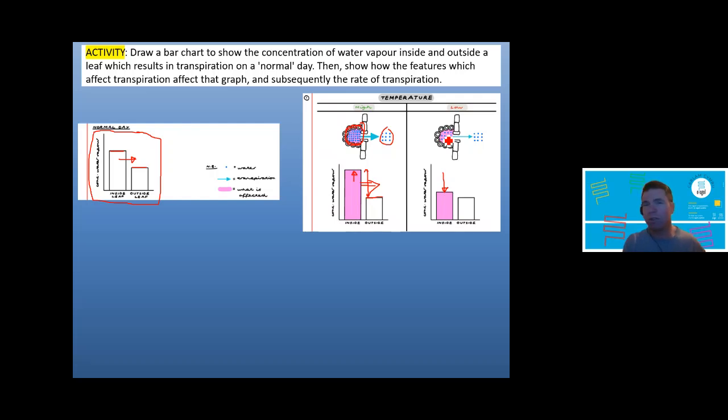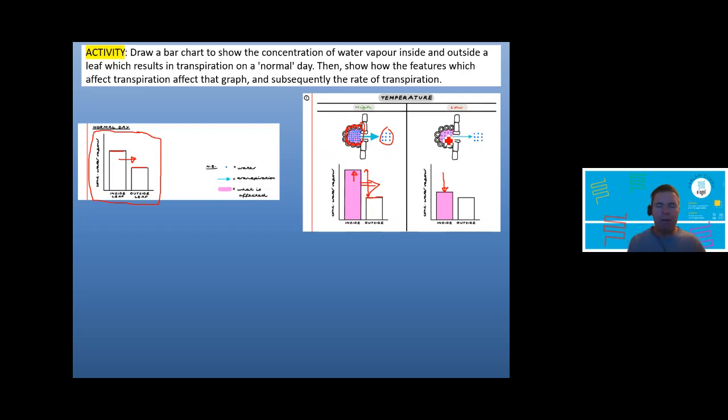You might also say it affects the kinetic energy of the water vapor molecules, and therefore they will move faster and diffuse faster. And that's a relevant point. But primarily we would talk about a greater level of evaporation and therefore a greater concentration when you have a high temperature.